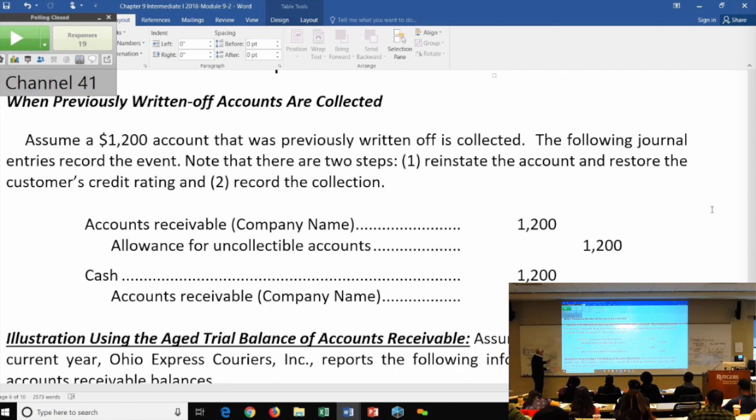Then you record the collection. So a 2-step process. If there was a recovery, so if I told you, you wrote off 25,000, and 6 months later, a customer with a balance of 1,200 pays you back. You first reinstate the account, you put the allowance back. Why?